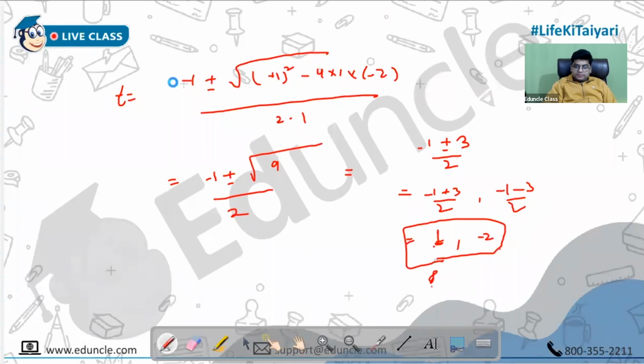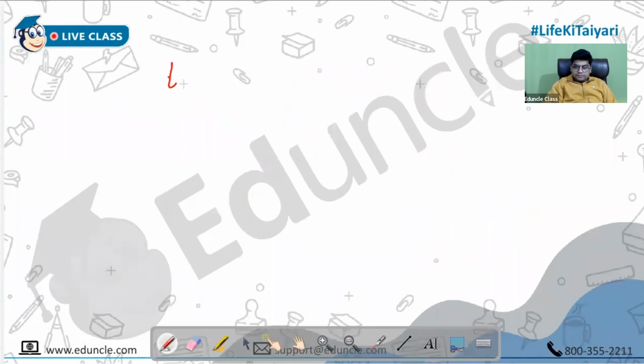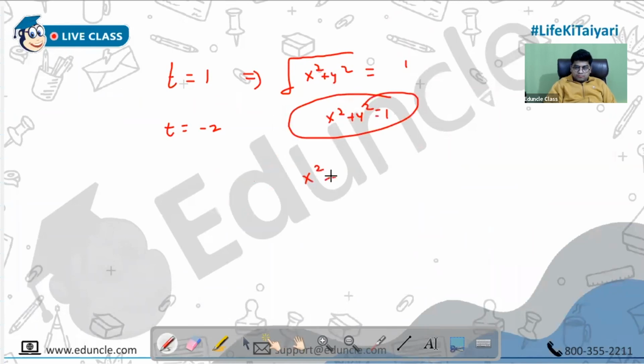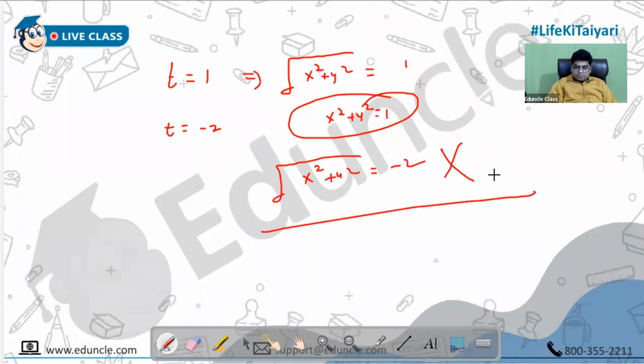So what will you get? This is only the intersection.